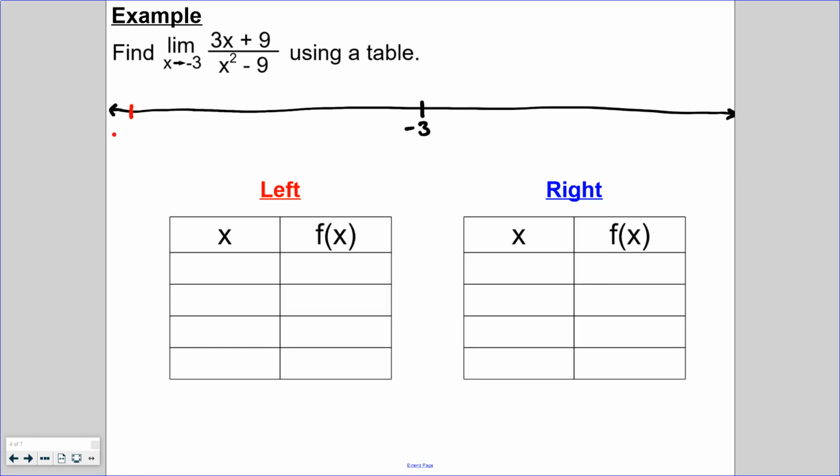So, we'll pick negative 3.1. Because again, with the negative numbers, negative 3.1 is less than negative 3. And then we can get closer by going negative 3.01 and following a similar pattern as last time, except the sides are flipped. And then finally, negative 3.0001.